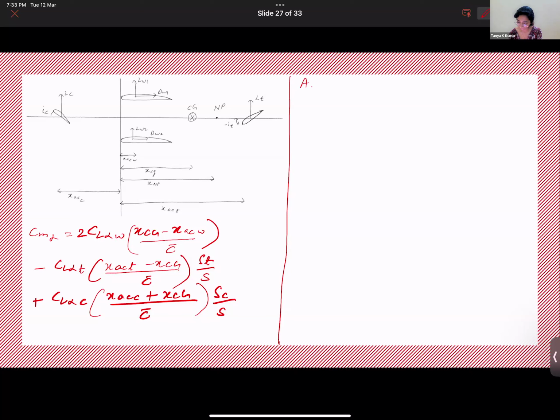So at CG equal to neutral point, your CM alpha is 0. So just substitute everywhere where there is CG, put XNP in this equation. And CM alpha is 0.